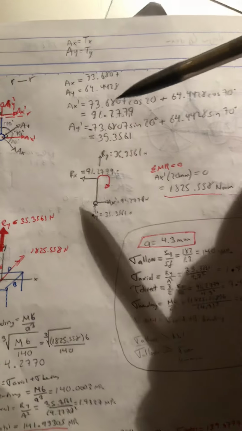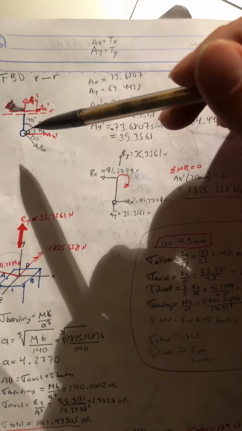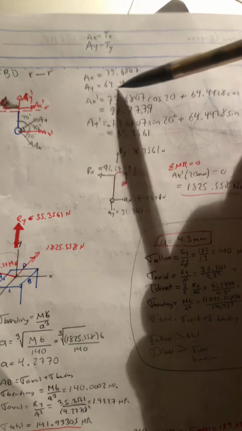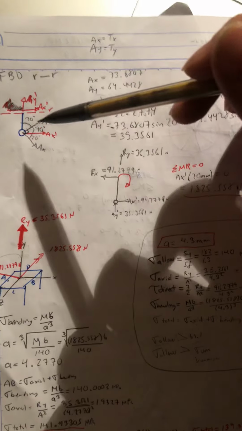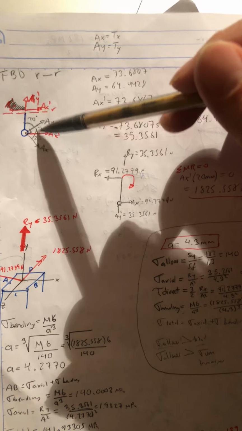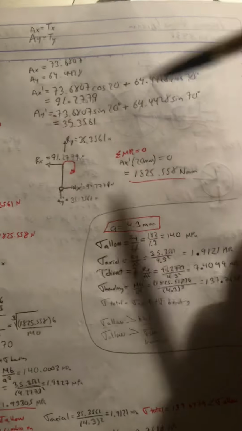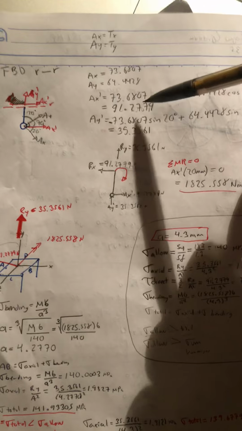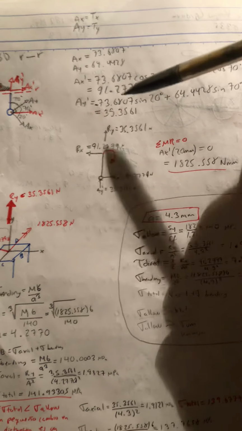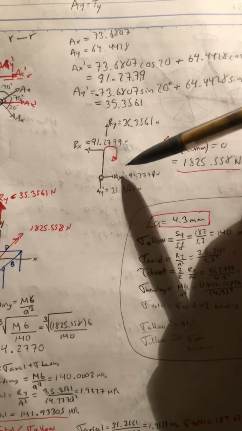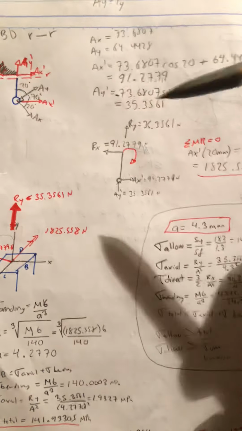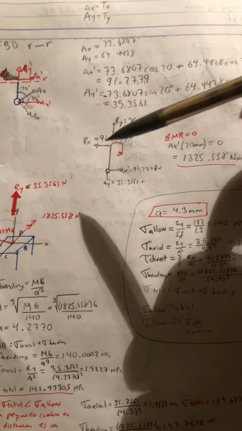So to obtain that, we do the sum of forces in X and the sum of forces in Y, and multiply by the cosine and sine in which it corresponds. So we get Ax prime and Ay prime. After that, we do another free body diagram of this part, but only with Ry and Rx.